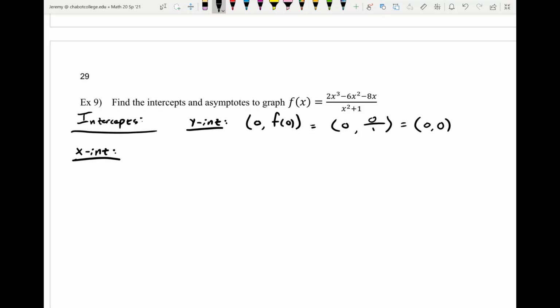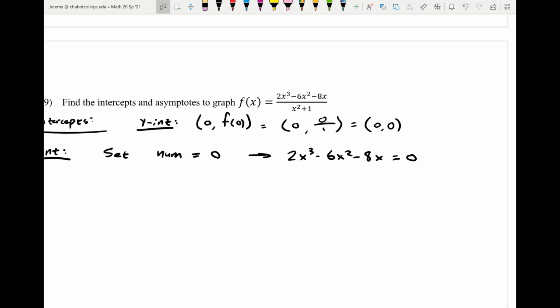For my x-intercepts, just like the last problem, I want to set the numerator equal to 0 and solve. That's going to look like this: 2x cubed minus 6x squared minus 8x equals 0. We want to solve by factoring.